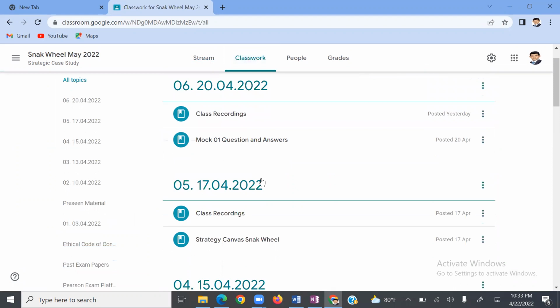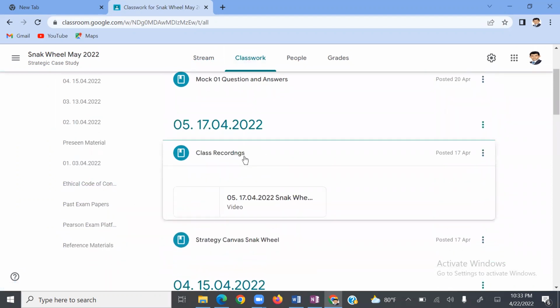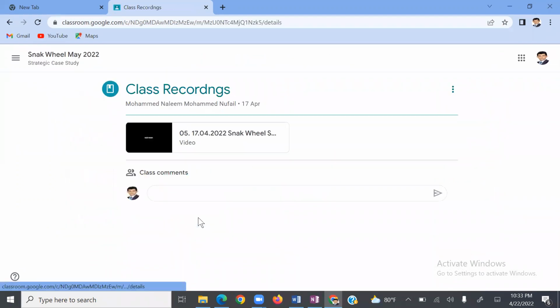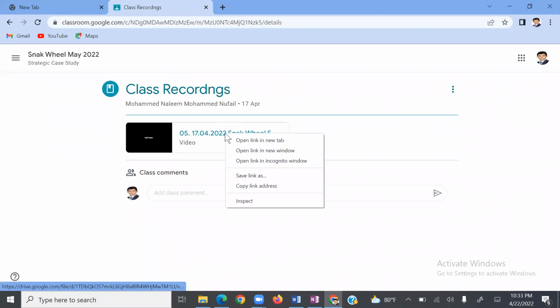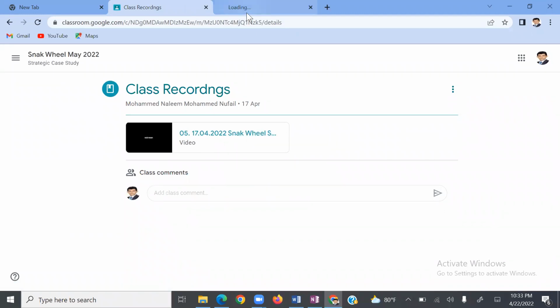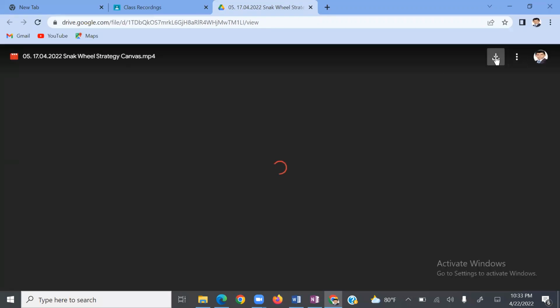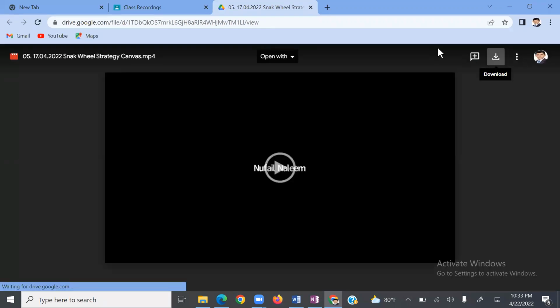In the class work section, you have the class recordings. You need to click view material. For me there is an edit option, but for you, it's better to open it in a new tab, and you find this download icon. So you can download this.